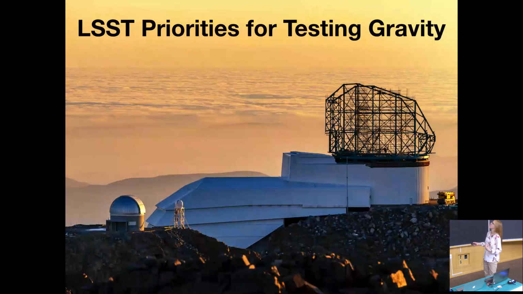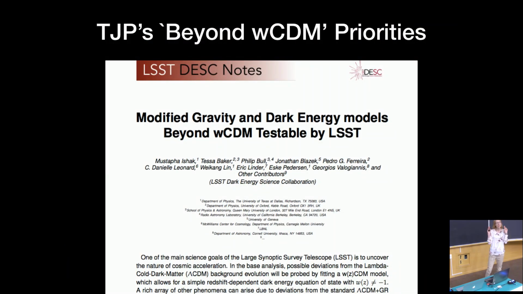Okay, so let's start with the official collaboration hat on. Like probably quite a few people here, I belong to the Theory and Joint Probes group, TJP, of LSST. And within that group, we have a task force that is called the Beyond wCDM group.